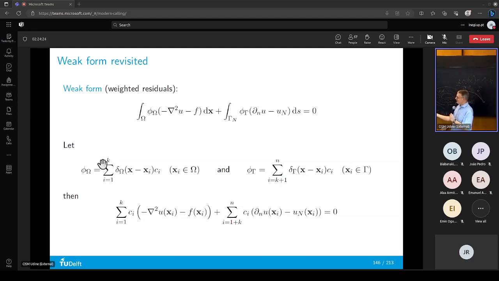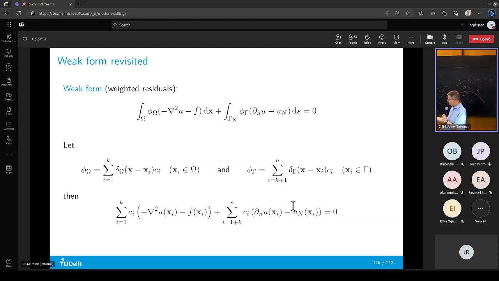And then, as a formality, we define a basis of Dirac delta functions weighted by some coefficients, insert this here, then this becomes this sum, and then we say the coefficients were arbitrary, so we can look at just this term here: a pointwise evaluation of the residual and a pointwise evaluation of the residual at the boundary.